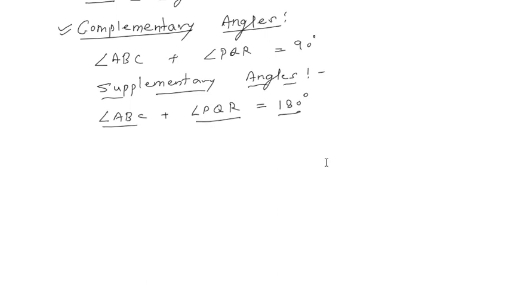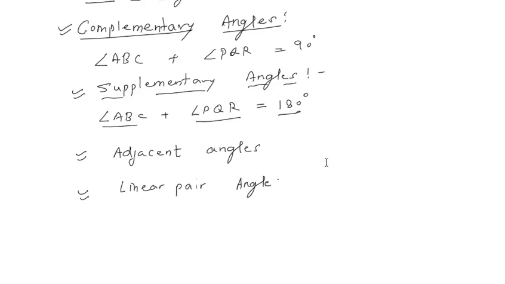Now one more pair we have just seen, that is adjacent angles. There is no need to describe what an adjacent angle is, as we have just seen. One more pair we have seen, what is that? Linear pair angles.